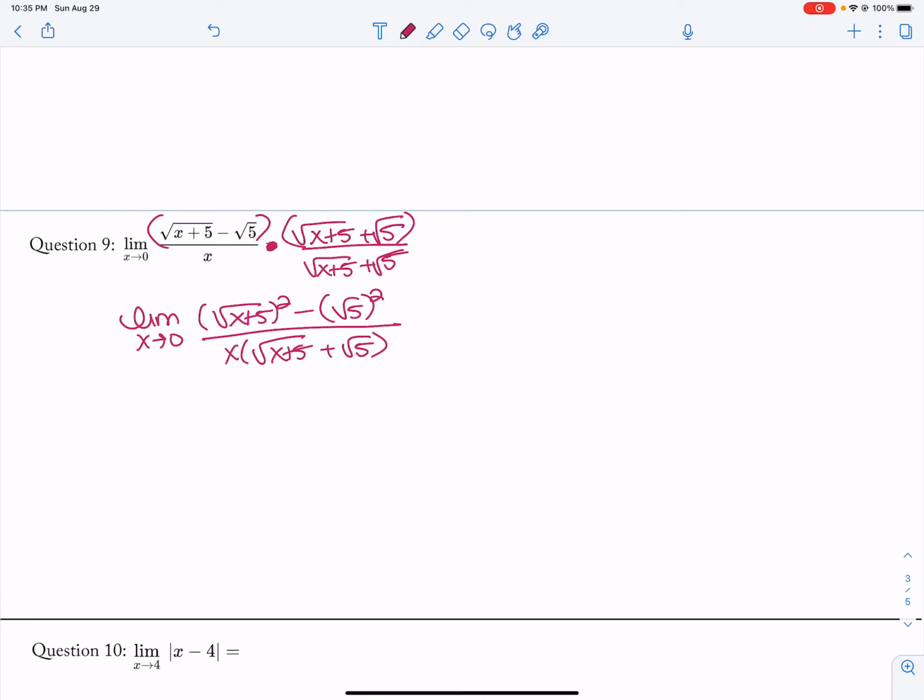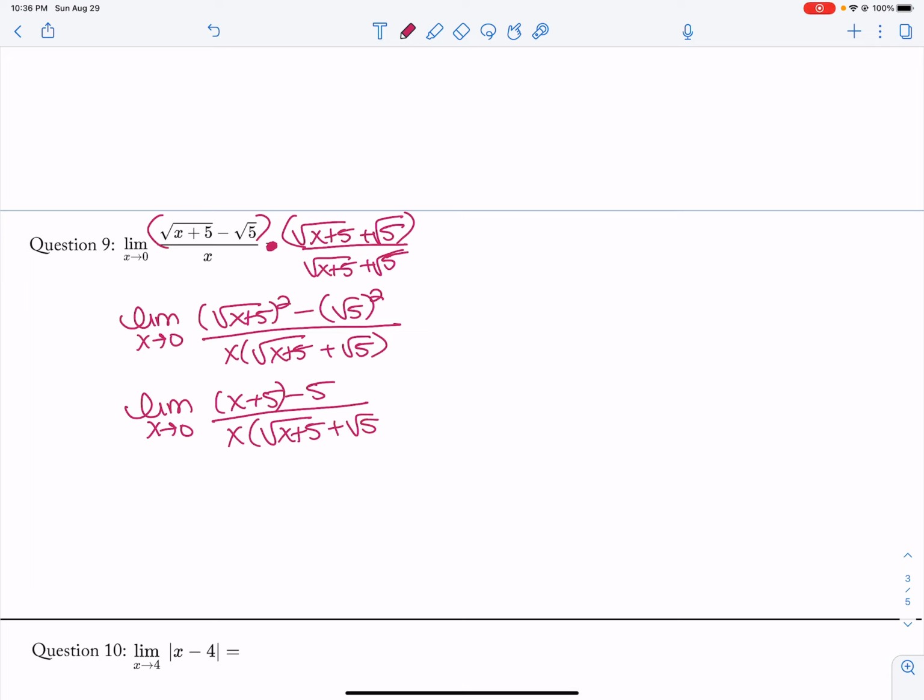So now I get the limit as x approaches 0 of x plus 5 minus 5, all over x times root x plus 5 plus root 5.